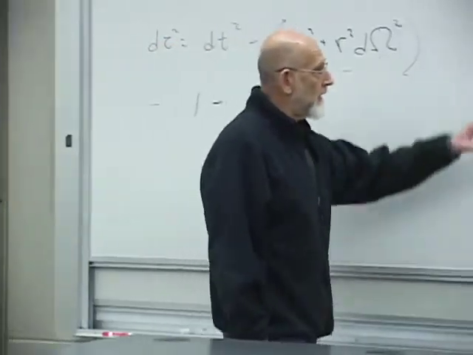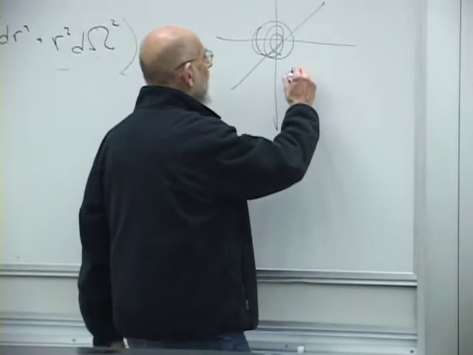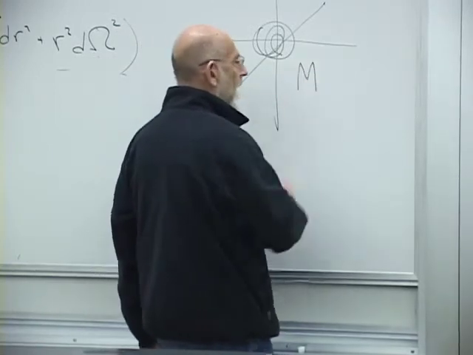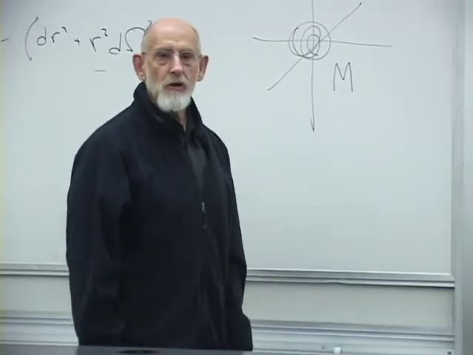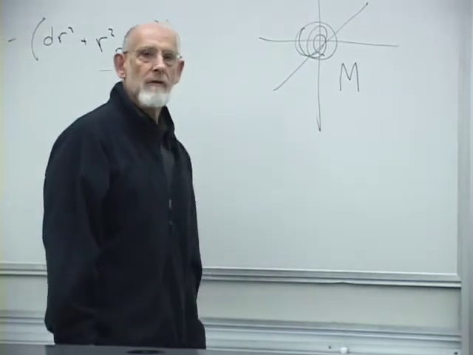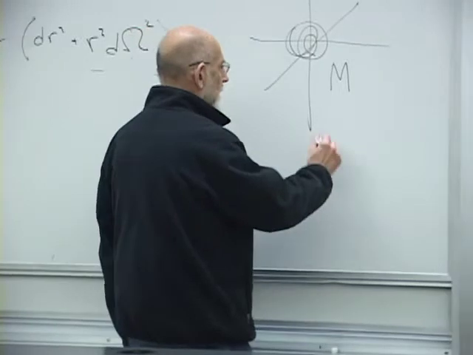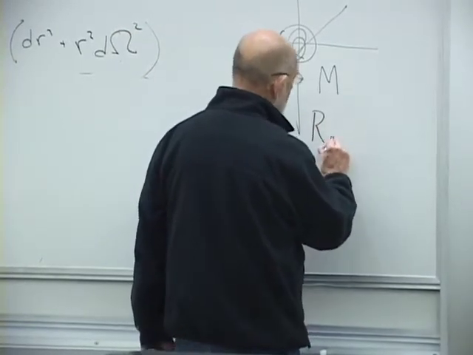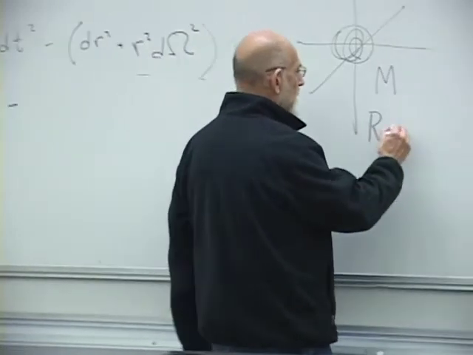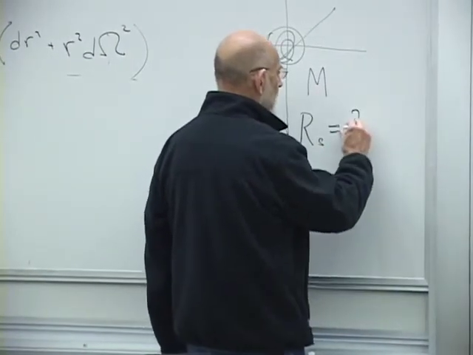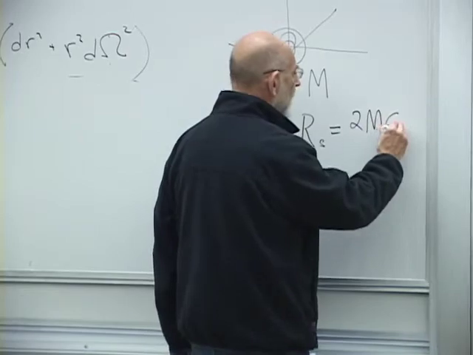Let me write down what variables are interesting. There's the mass of the black hole, m. There is something that we'll call either the Schwarzschild radius or the radius of the horizon. We can call it r sub s, for Schwarzschild. And that happens to be related to m: it's twice mG.